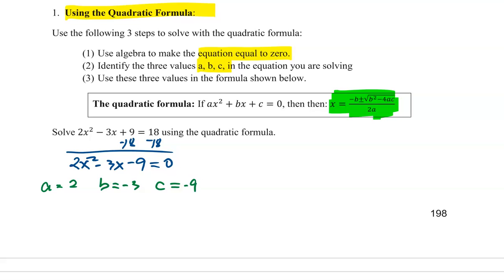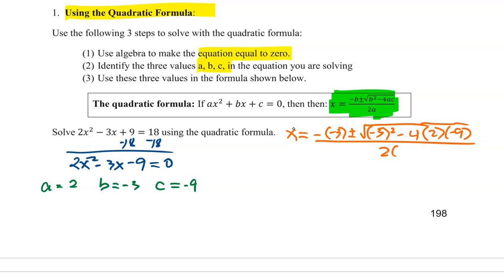Then now substitute these values into our quadratic formula. X is equal to negative b, so negative of negative 3, plus or minus square root of b squared, so we have negative 3 squared, minus 4, a is 2 and c is negative 9, all over 2a, 2 times 2.